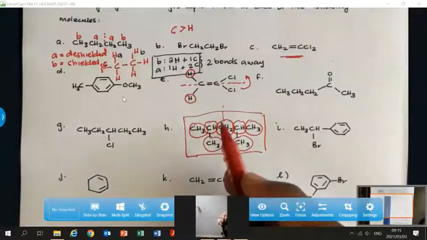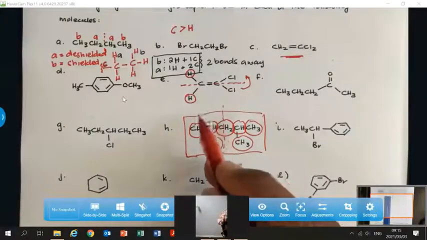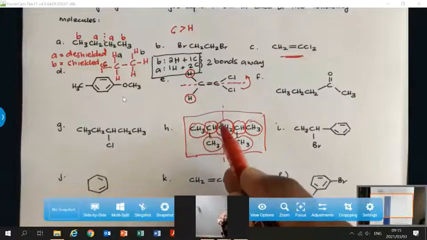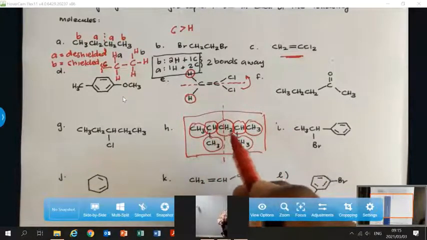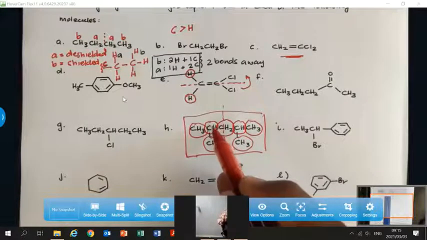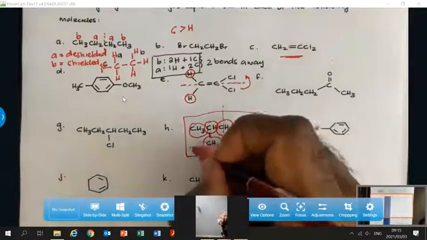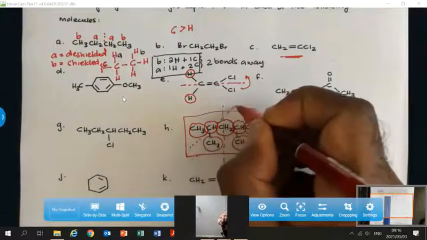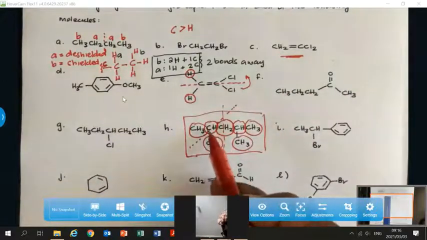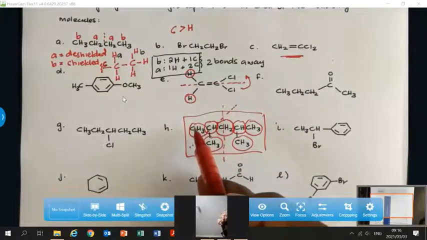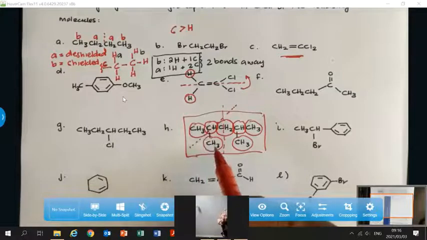And then I'm going to move away from the whole molecule and just look at the grouping on my left, which is equivalent to the grouping on my right, so I don't need to look at both. In this grouping, I have a central CH group that has a CH3 on the left and a CH3 on the right.